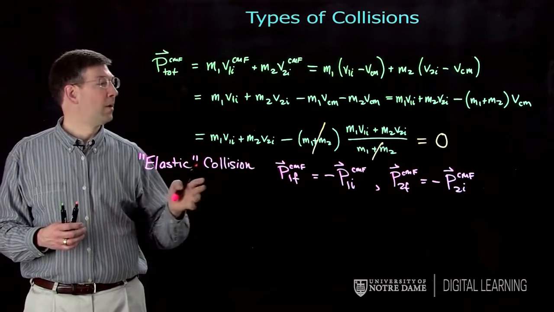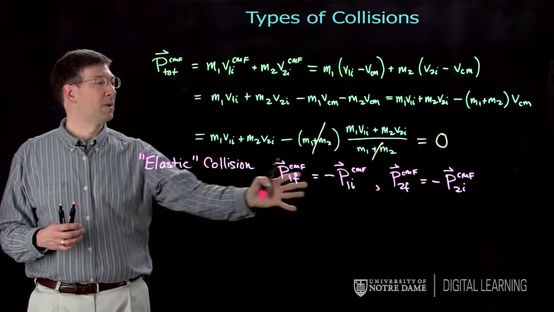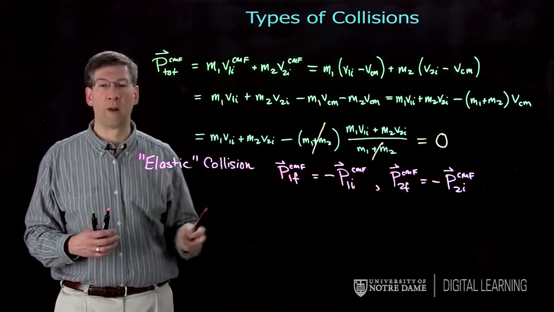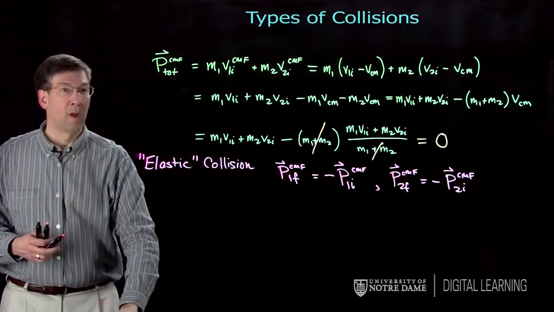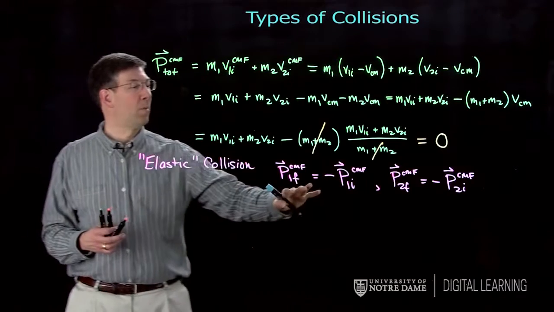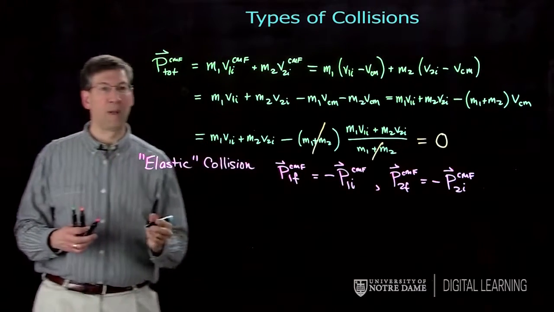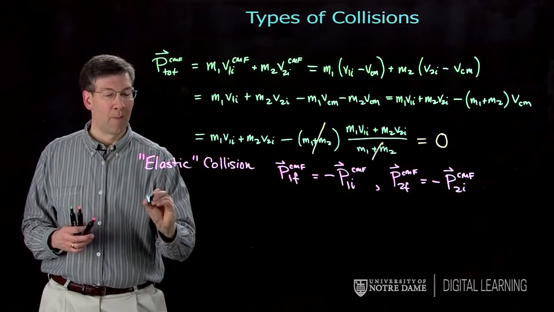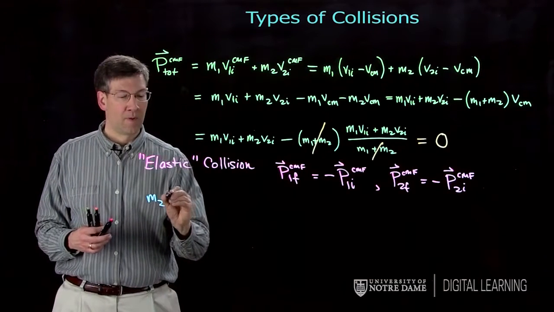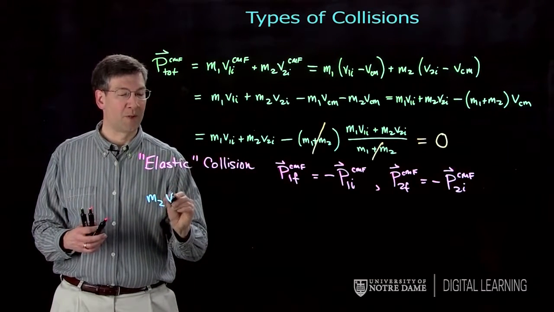And so let's look and see how we can do that using these definitions now of what an elastic collision is. And so let's look at mass 1 and mass 2 separately. We'll do mass 2 first, it doesn't matter.